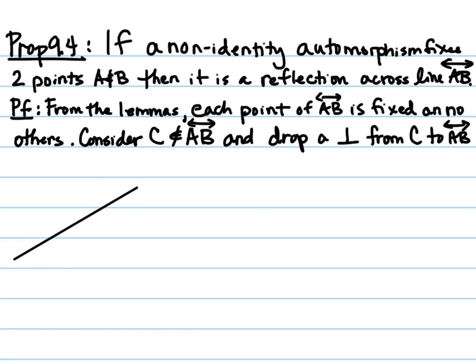Okay, here's our line AB. Here's point C, somewhere not on AB, and we're dropping our perpendicular. Okay, so far so good. It doesn't matter where I put C, just put it up there instead of below. We're going to call the location where it meets F.